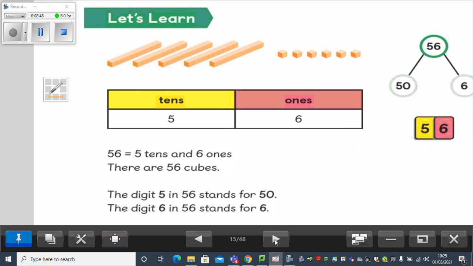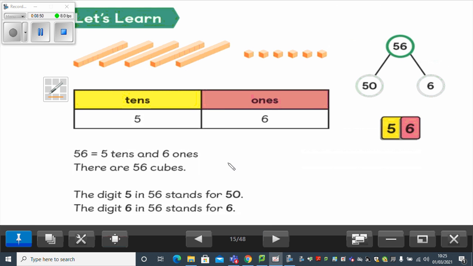Let's learn with our maths buddies. So they're showing us this in a place value chart, which you have as part of your resources to use today. So we can see in our place value chart that the digit 5 represents the 1, 2, 3, 4, 5 tens.